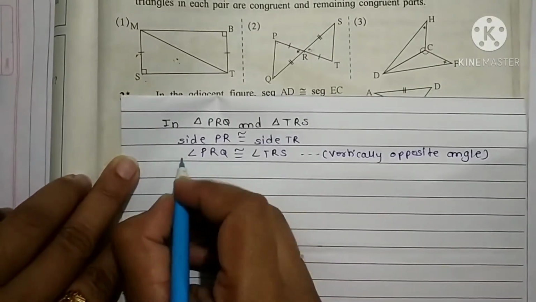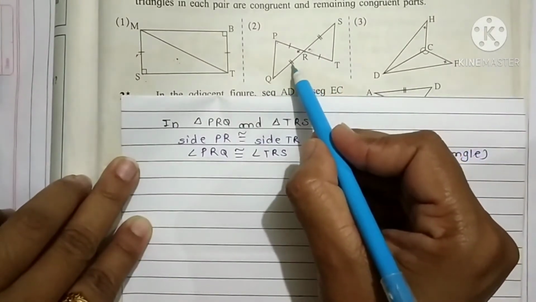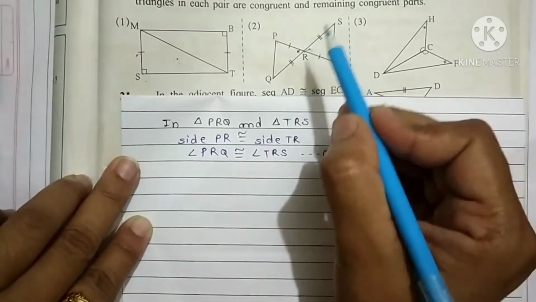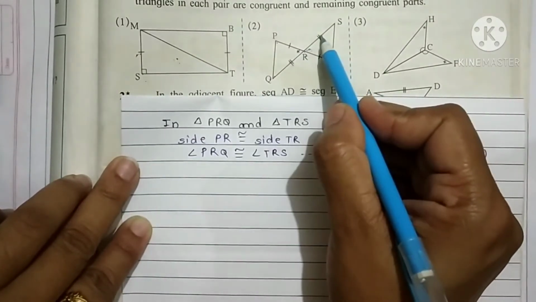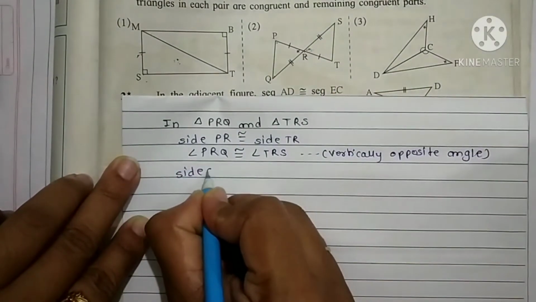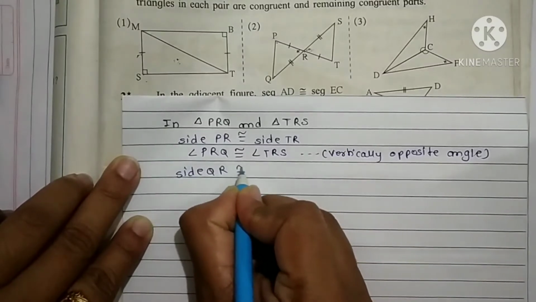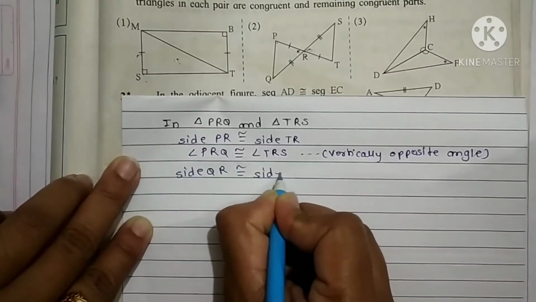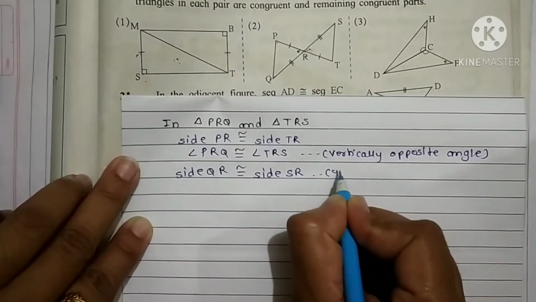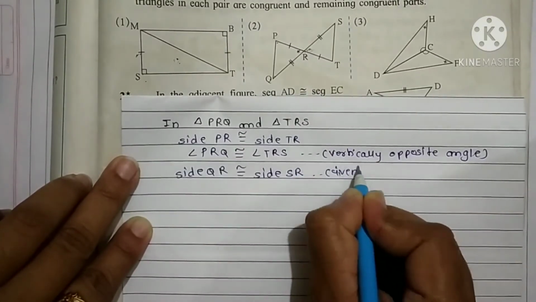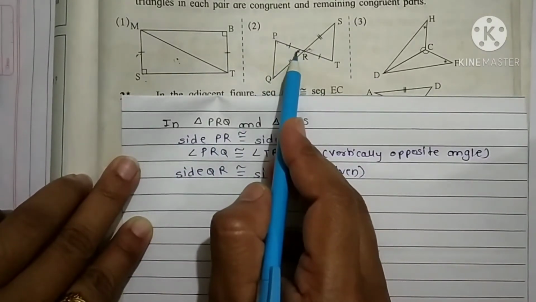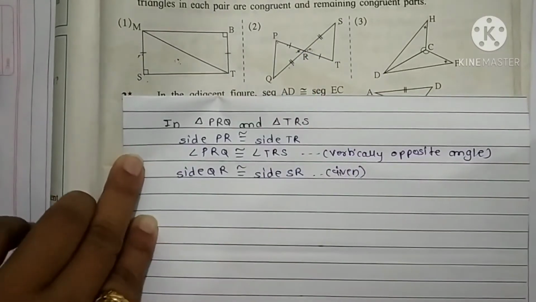And see here side QR and side RS. See these identical marks. So we can write side QR congruent to side SR, given. Here two sides and the angle included by them are congruent.